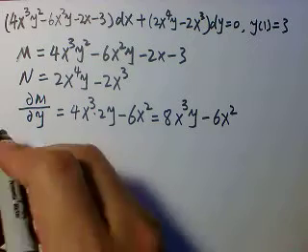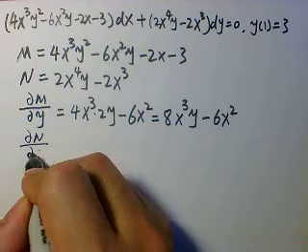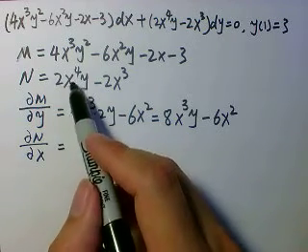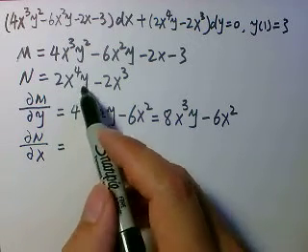Now we're gonna check partial N over partial x. We treat x as the variable and all the other terms as constant.